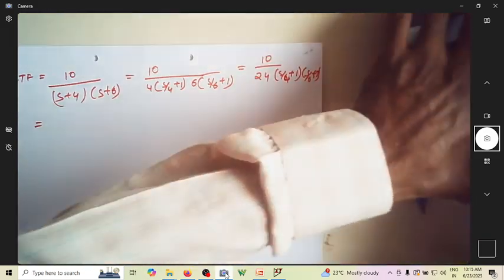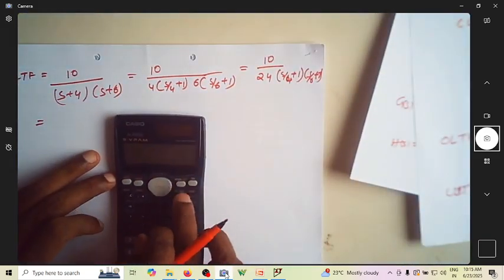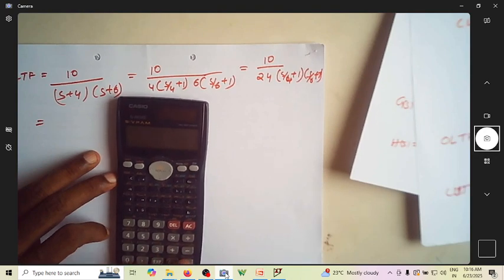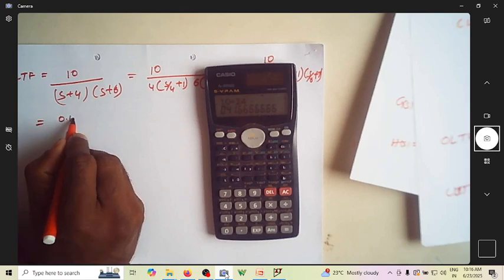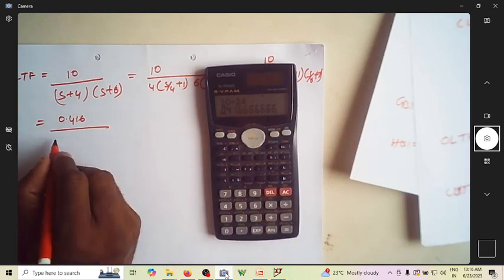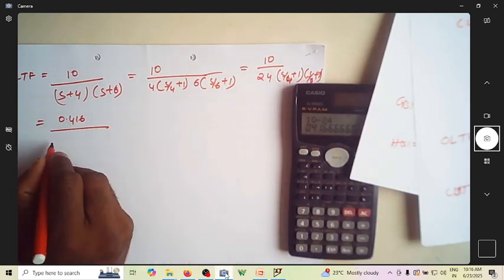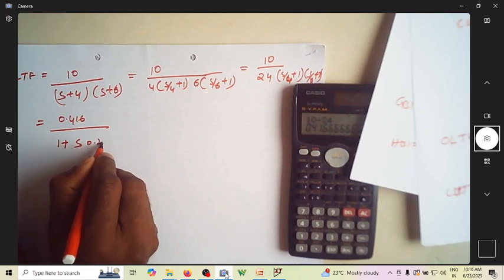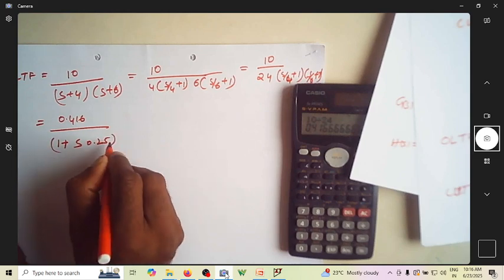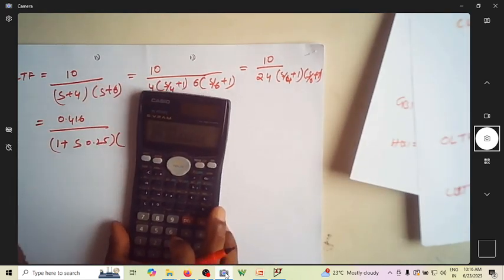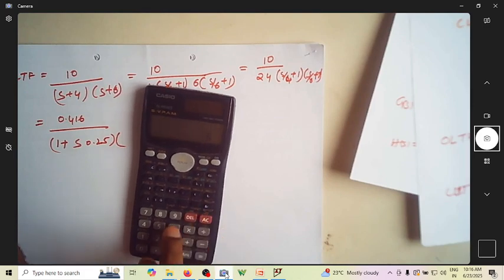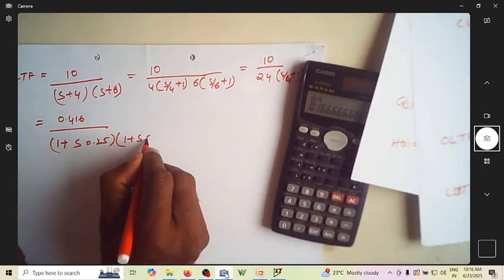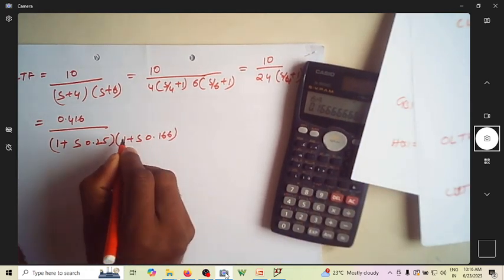So 10 by 24 is 0.416, divided by (1 plus s into 0.25), because 1 over 4 is 0.25, and 1 over 6 is 0.166, (1 plus s into 0.166).